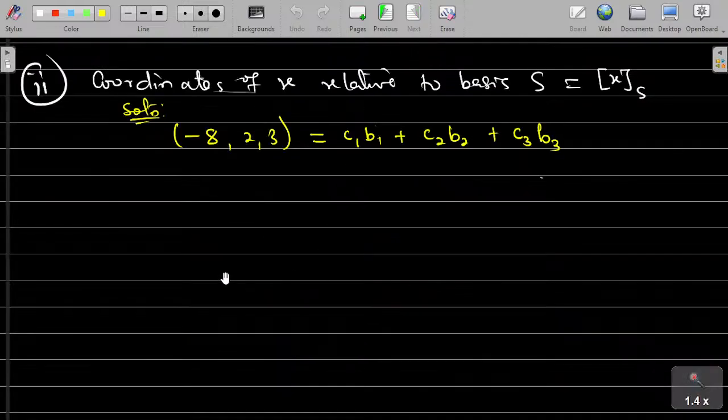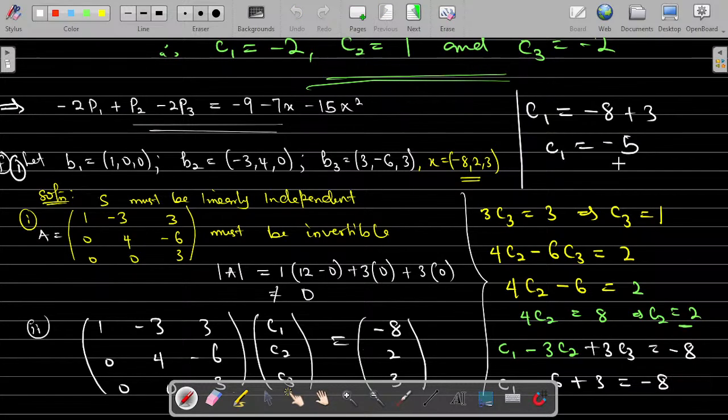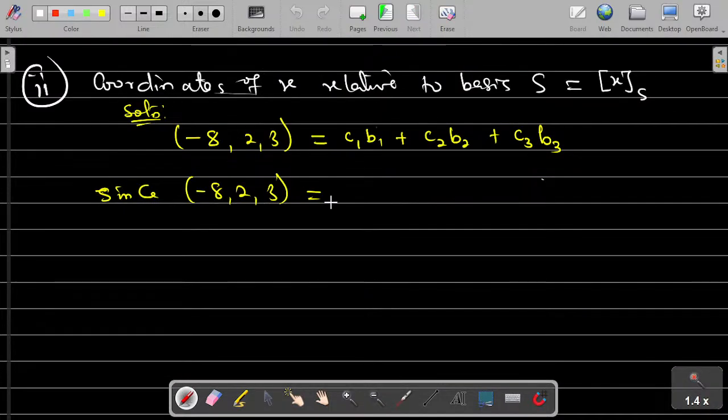So we just go back here and tell them that our coordinate vector is actually, since minus 8, 2, 3, which we got above, is equal to, what did we get as c1 above? Let me recall, let's go to the page. We got minus 5 as c1, c2 as 2, and c3 as 1. Okay, so we got minus 5 b1, and then 2 b2, and then c3 as 1 b3. Am I correct?